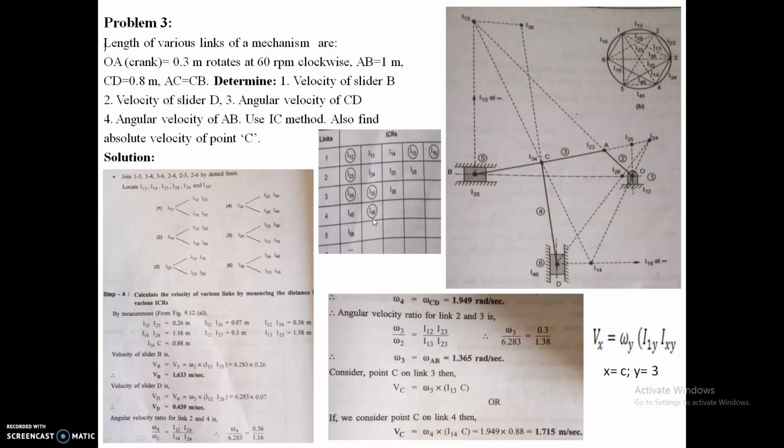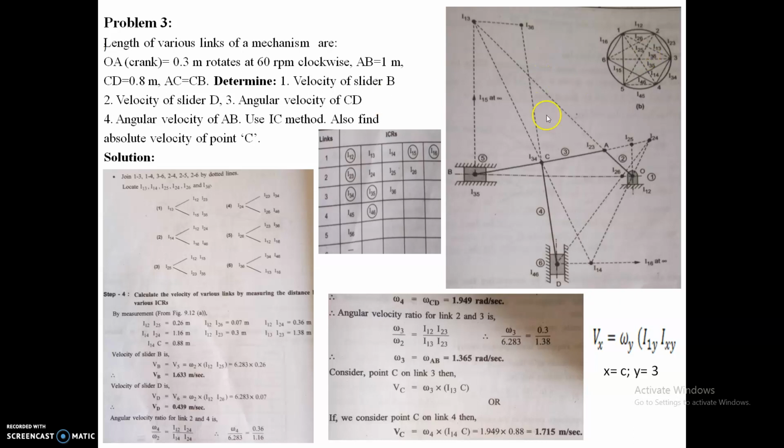All these are the ICs obtained by observation; they are either fixed ICs or permanent ICs. The remaining ICs are obtained by Kennedy's theorem, because they come under the heading of neither fixed nor permanent IC. But it is not essential to locate all these ICs. That is 7 located, so 15 minus 7, 8 ICs are still in the category of neither fixed nor permanent. So it is not essential to draw or locate all the ICs in the given mechanism. Whatever the unknowns are, for those unknowns we locate only the ICs that are required.